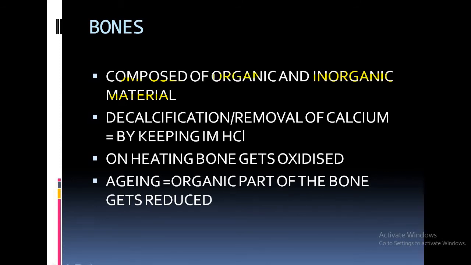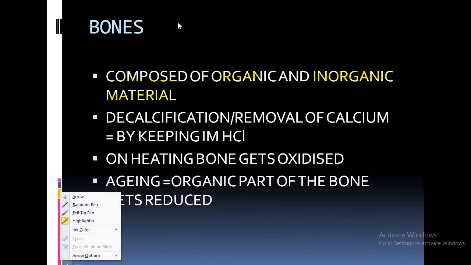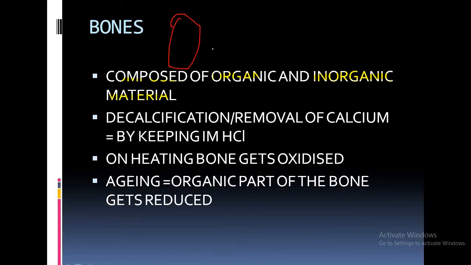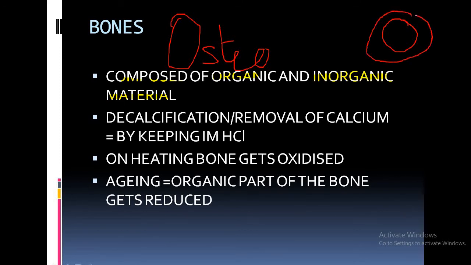The bone cells present in bones are known as osteocytes and osteoblasts, and these are arranged in concentric patterns like this. Concentric patterns means when more than one circle has the same center, they are known as concentric circles. So the bone cells, osteocytes, will be arranged in concentric patterns.